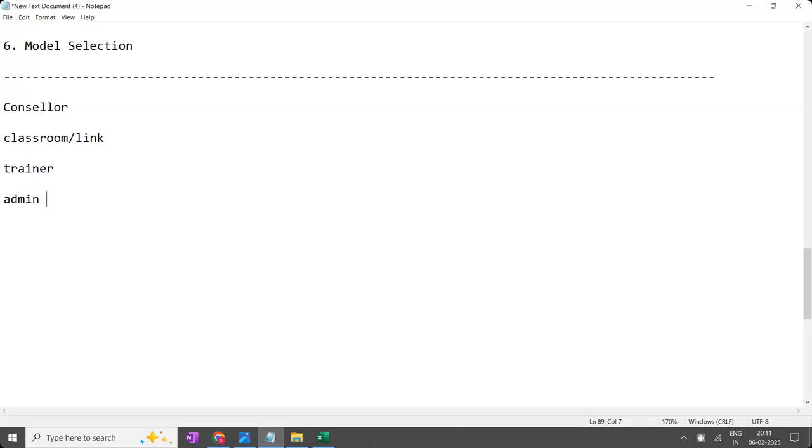And once you have paid the fees, at the counter or to the admin or whatever it is, they are going to add you to the Google Classroom. Who supports this Google Classroom? This is also done by admin. He is going to add each and every student, because the trainer doesn't know whether the student has paid the fees or not. At the same time, the trainer should not ask that either.